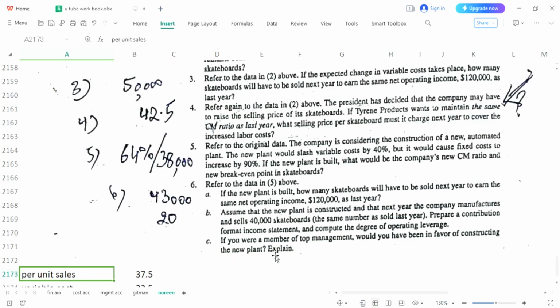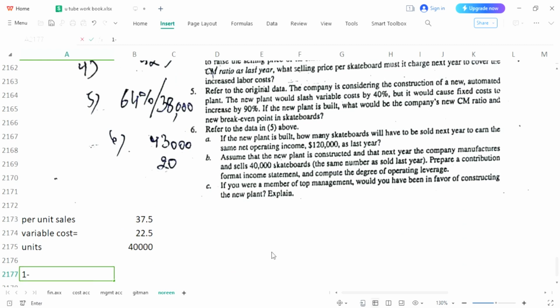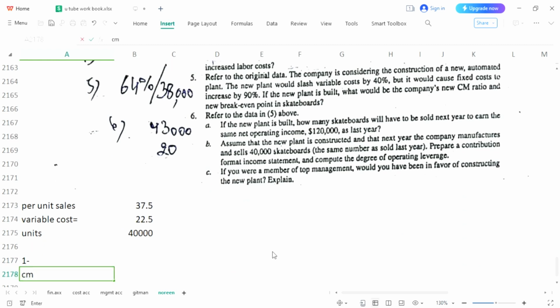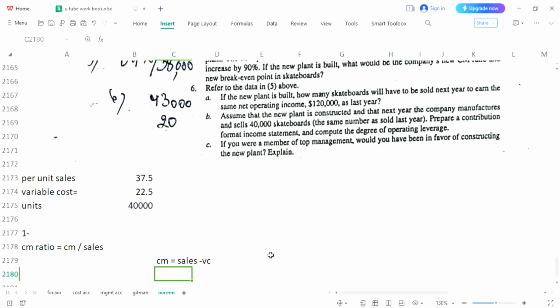First is the CM ratio. CM ratio is calculated by dividing CM by sales. Contribution margin we have to calculate first, by subtracting variable cost from sales. Sale price is 37.5, and you need to subtract variable cost, which is 22.5.